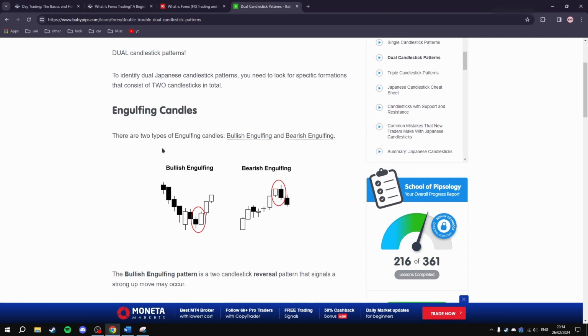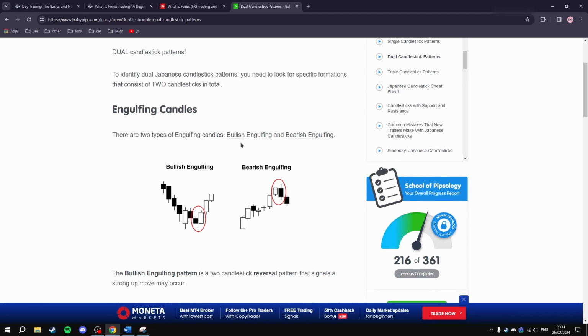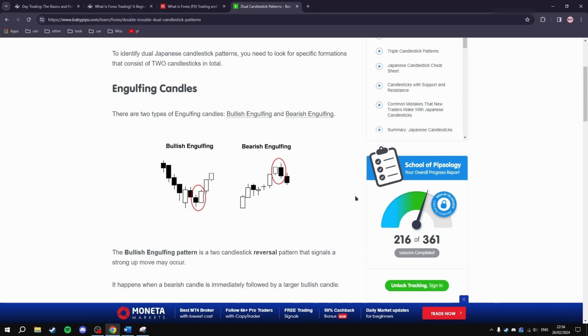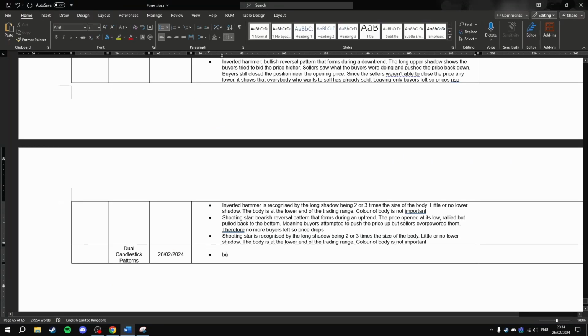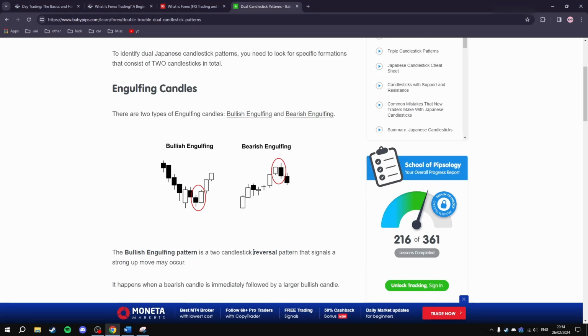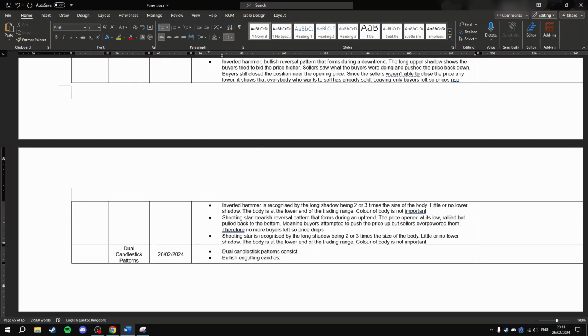Engulfing candles. There are 2 types of engulfing candles: bullish engulfing and bearish engulfing. Dual candlestick patterns consist of 2 candlesticks in total. Cool.